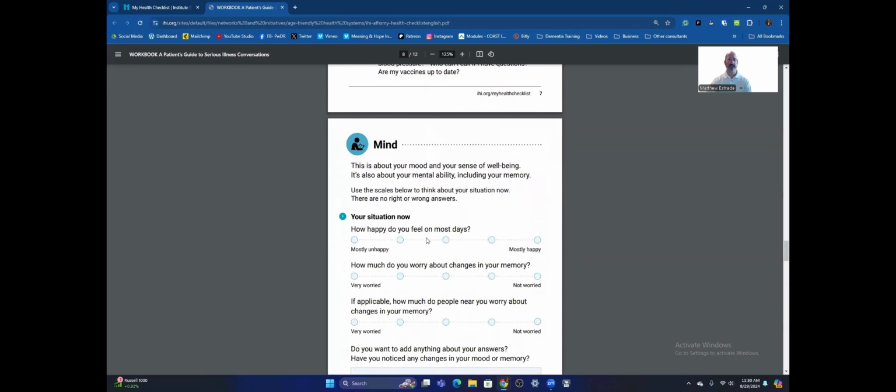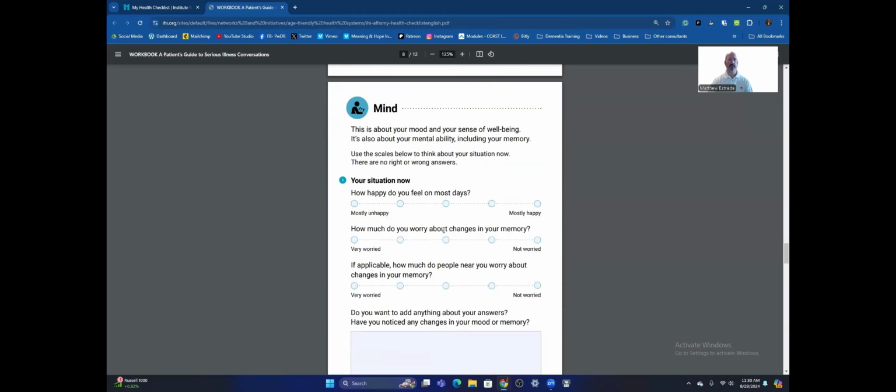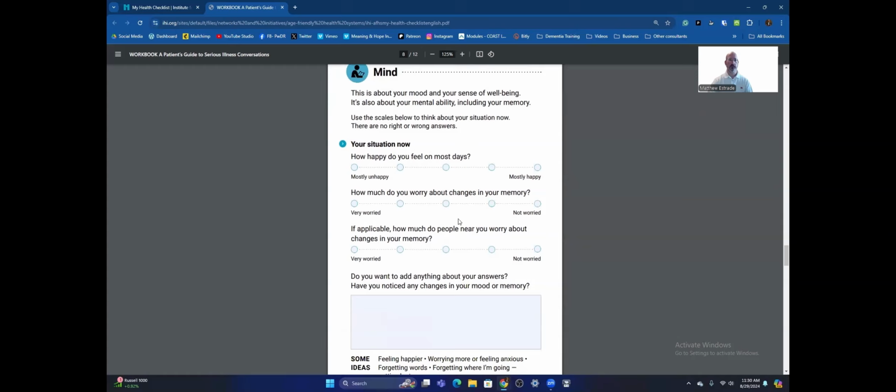All right, then we're getting into the mind. I think I said mentation earlier, so you can say mentation or mind. This is all about your mood. It's about your mental ability, including your memory and cognition, your thinking.